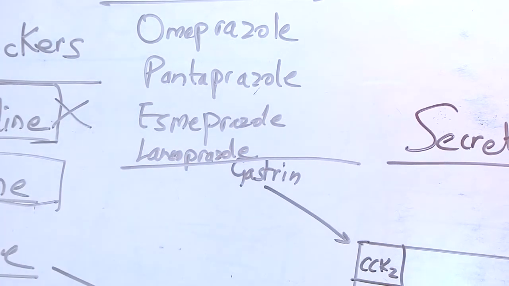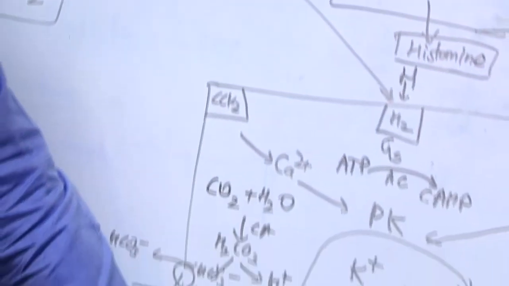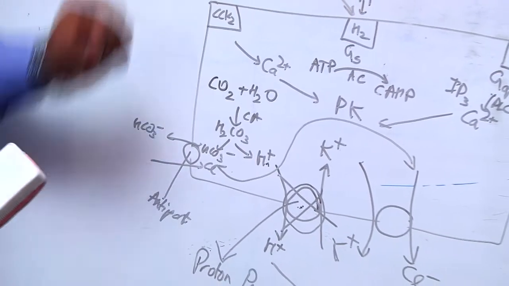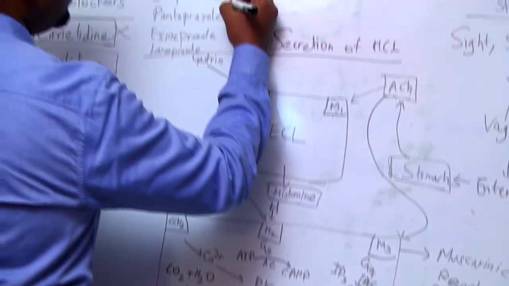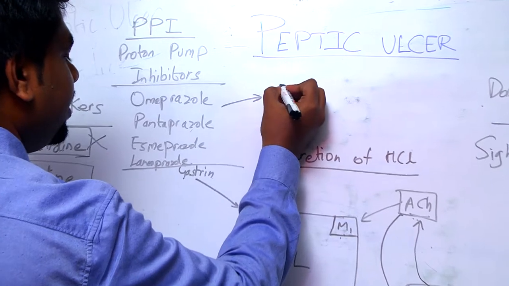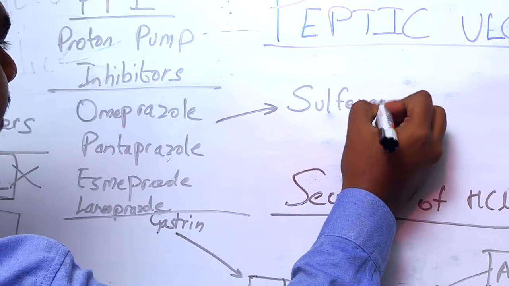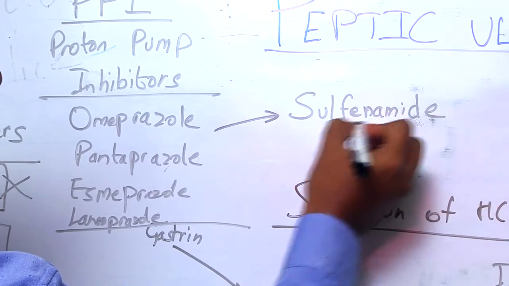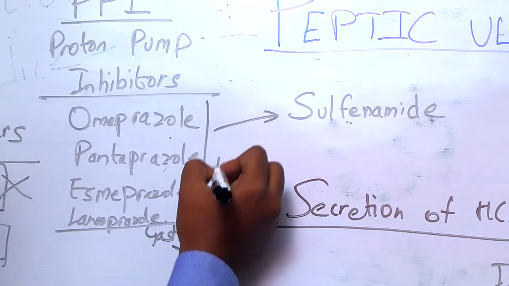So what these drugs do is that they block the proton pump and ultimately inhibit the formation of HCl. So how they block the proton pump? So these drugs, they go and form a complex with a sulfonamide. This drug sulfonamide complex, so these are present as prodrugs.